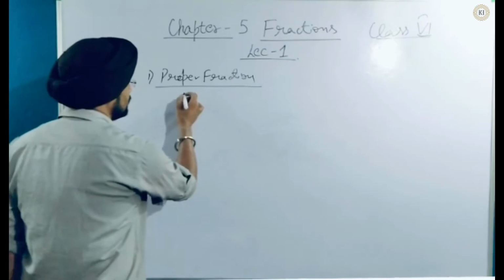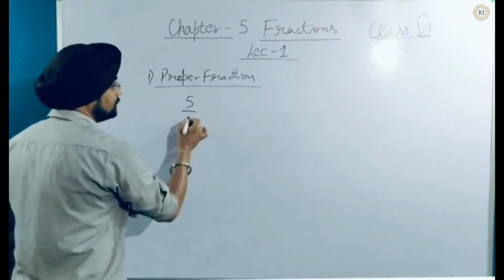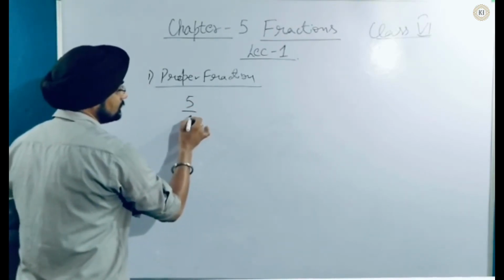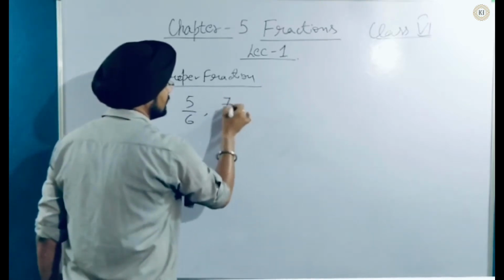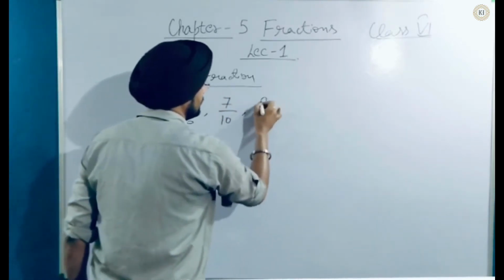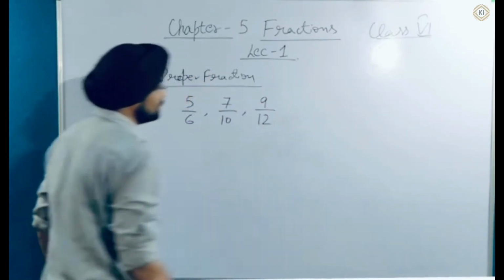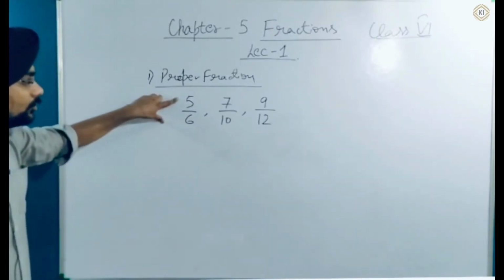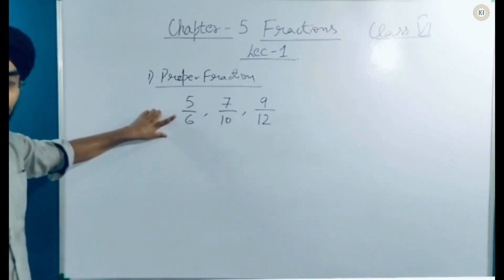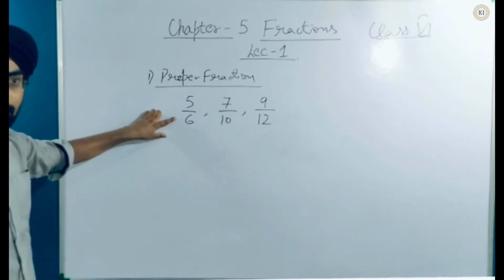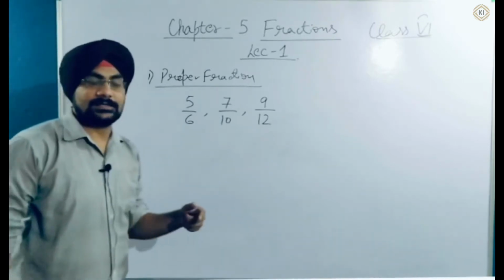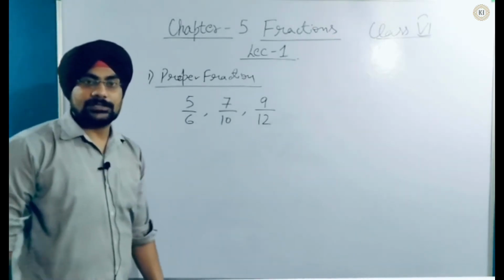Suppose 5/6, 7/10, 9/12. You can see that in these the numerator is less than the denominator, so it is known as a proper fraction.